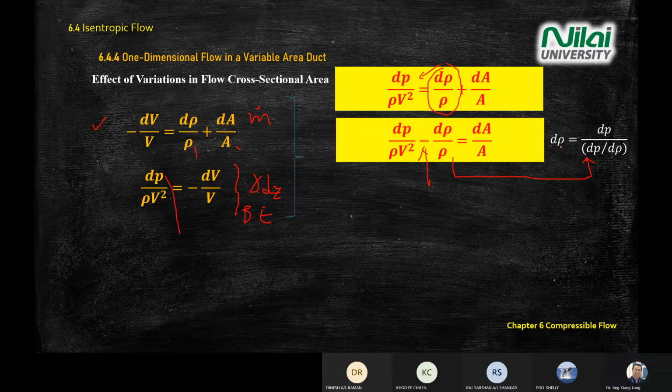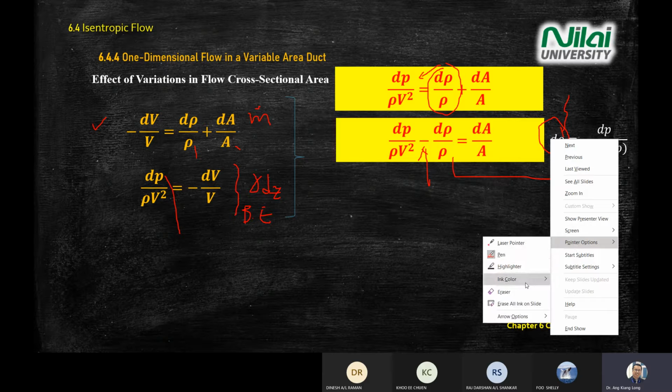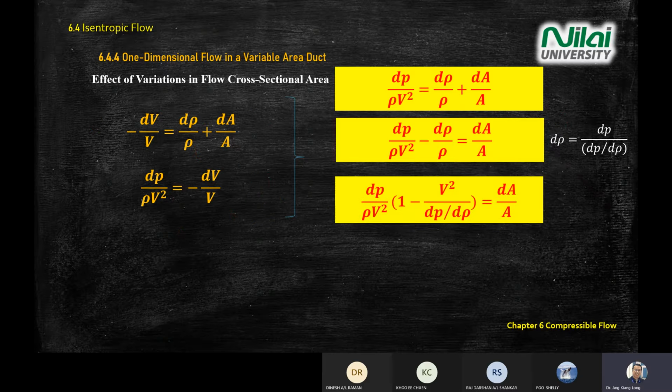We rewrite dp equal to dp over d rho, times d rho, where rho is density. So actually it's the same thing, only mathematics, you just add in the similar term inside there so that you can substitute inside the equation. You get this form.